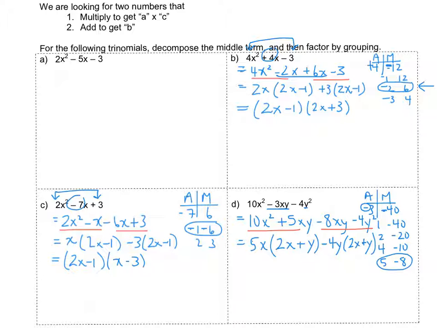Now you'll see that we have 2x plus y and a 2x plus y. So that's our common 2x plus y. And our other bracket would have a factor of 5x and a minus 4y. Okay, so not a whole lot different other than we've got the y's added in with that. So hopefully that makes sense, and you can continue on to the other side.